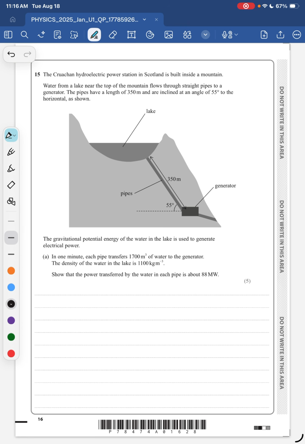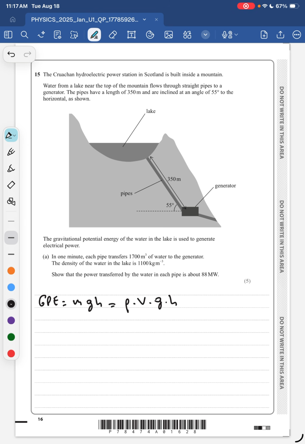Okay, so first of all, let's find the GP, the gravitational potential energy of the water, and we will do so using, okay, it's mgh, right? But we don't know the mass of the water. We know the density, and we know how much volume per minute is transferred. So rho times V gives us the mass times g times h.